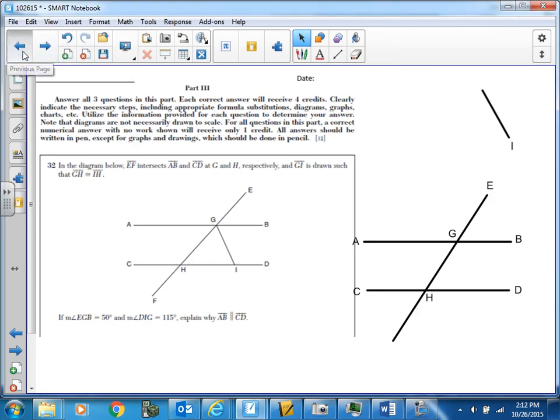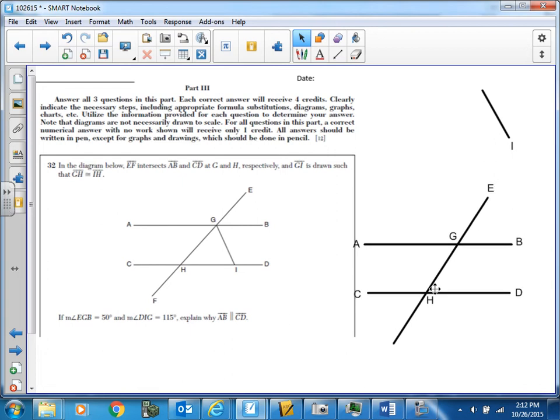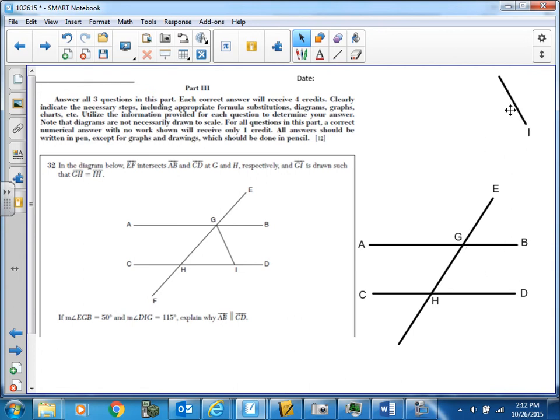Then based on that last thing I talked about, we're going to look at the problem from last year's readings exam. You're given information here, and we actually got that on Friday. I made a diagram that is similar to what you see in this problem, except I took the I away. I want you to recognize that this is just two lines cut by a transversal.